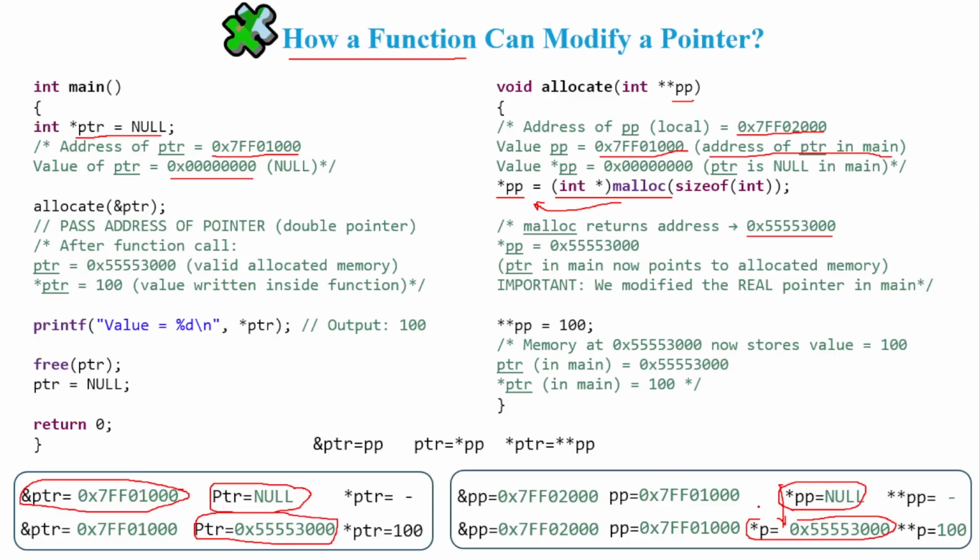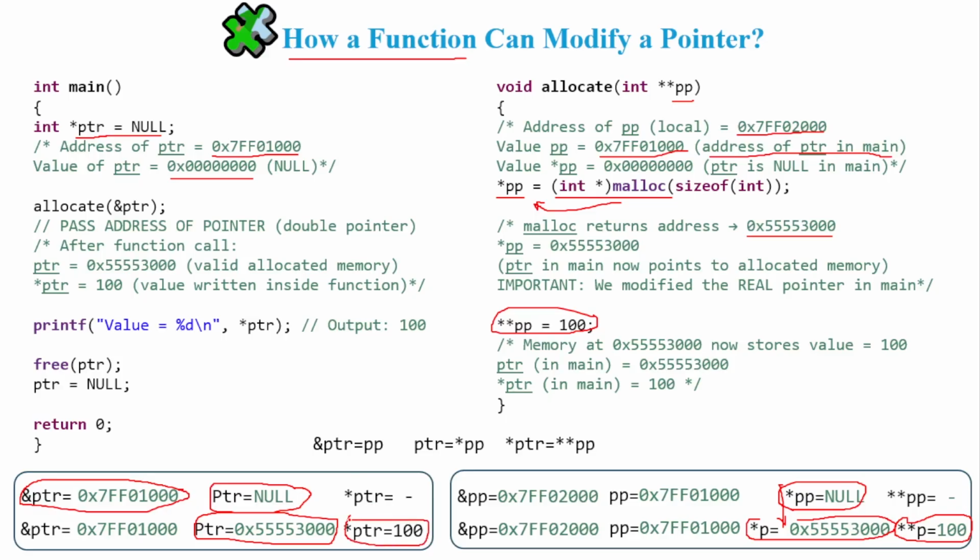Next, when we set **pp = 100, the memory at address 55553000 receives the value 100. So after the function finishes, ptr in main equals 55553000 and *ptr equals 100.